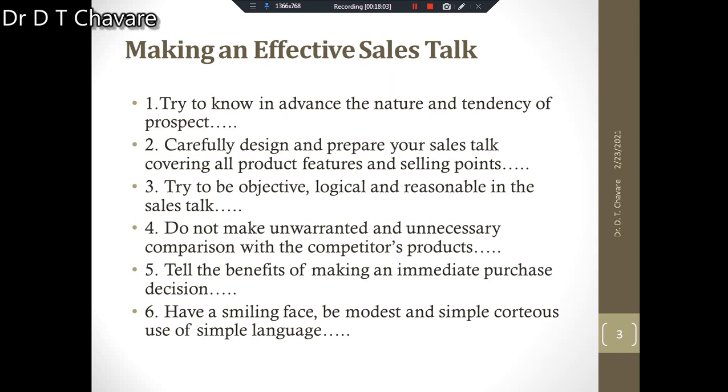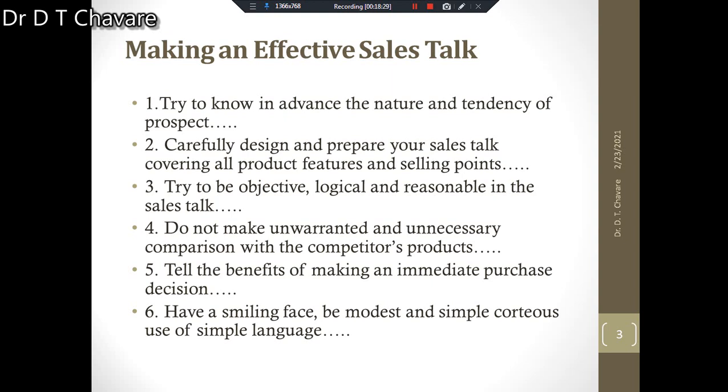Then another thing: do not forget to tell the buyers the benefits of making an immediate purchase decision. Maintain your attitude. Have a smiling face when you are having a dialogue with the customer.